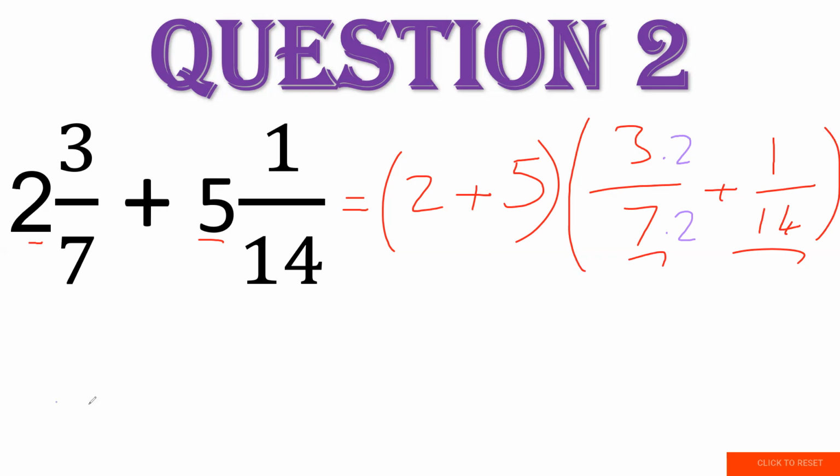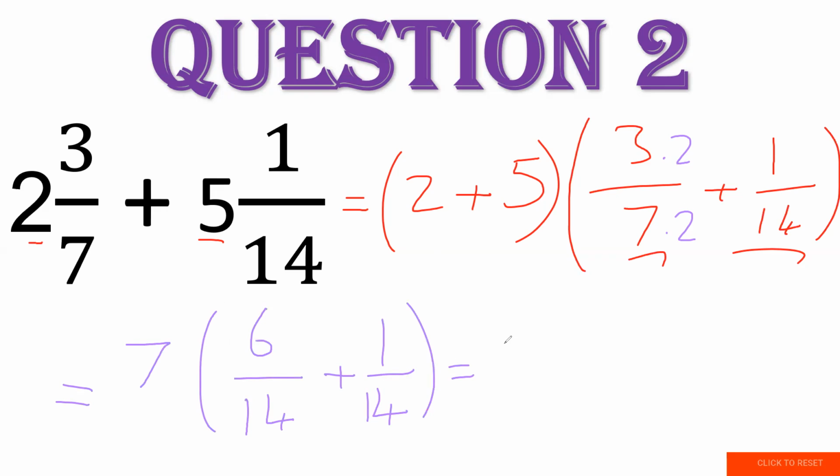And let's write here: 2 plus 5 is 7, and 3 times 2 is 6 over 14 plus 1 over 14. And 6 plus 1 is also 7, over 14.